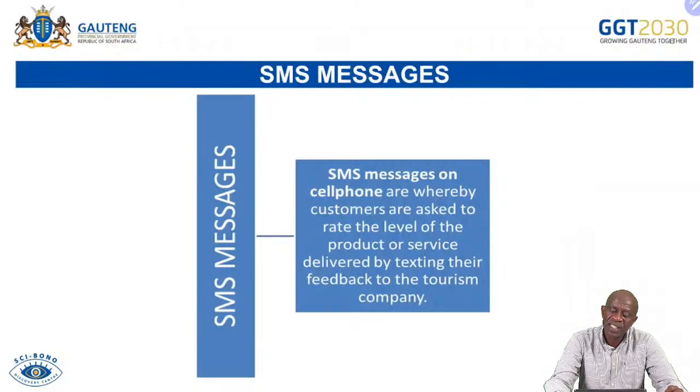The next method that is used to obtain feedback from customers is SMS messages or WhatsApp messages. Those SMSs are channeled through a cell phone, whereby customers are asked to rate the level of the product or service delivered by texting their feedback to the tourism company or business.